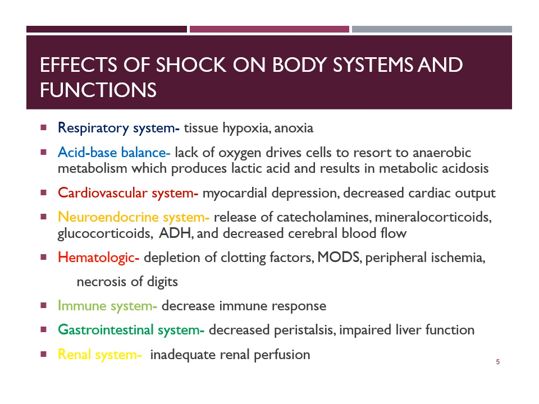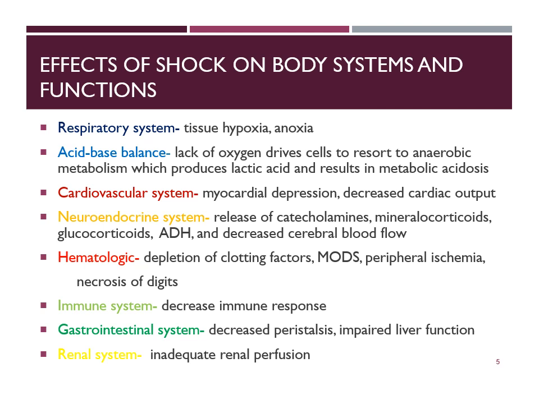Cardiovascular system, there's myocardial depression and decreased cardiac output. Then the neuroendocrine system can be affected. The release of catecholamines, mineralocorticoids, glucocorticoids, antidiuretic hormone, and decreased cerebral blood flow can all lead to shock and a vasodilation.